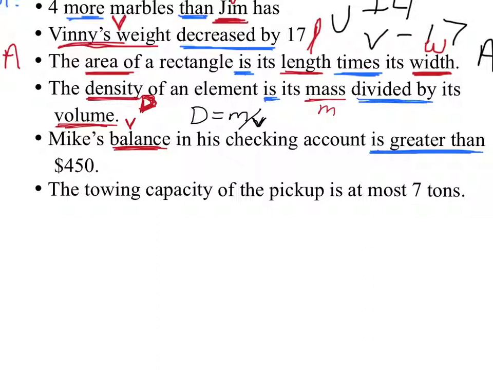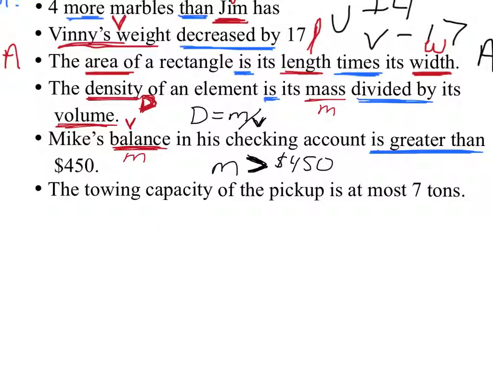This one right here is showing me that it's an inequality. So Mike's balance, I think I will call it M. And his checking account is greater than. The large part of the symbol is pointing toward the M, which is the balance. So the balance is greater than $450.